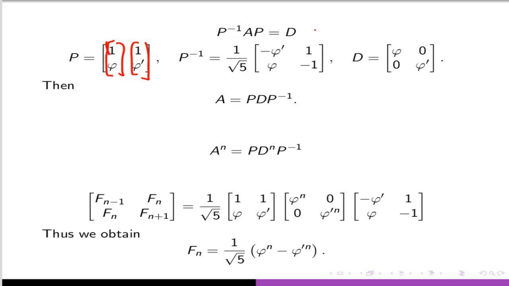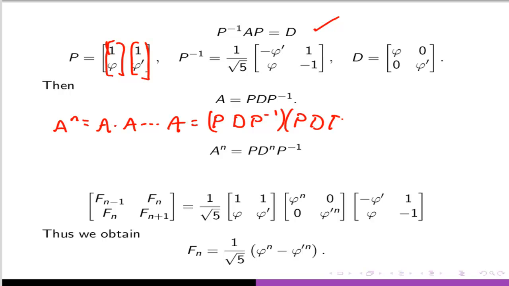And then rewrite this equation as A equals P D P inverse, which tells us that A to the n power is just A times A times A times A, and you've seen what happens when you do this type of product. You get all of these collapsing products in the middle, and all we're left with is D to the n power sandwiched in between P and P inverse.